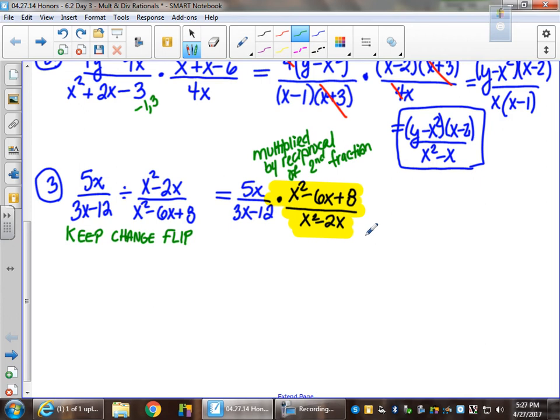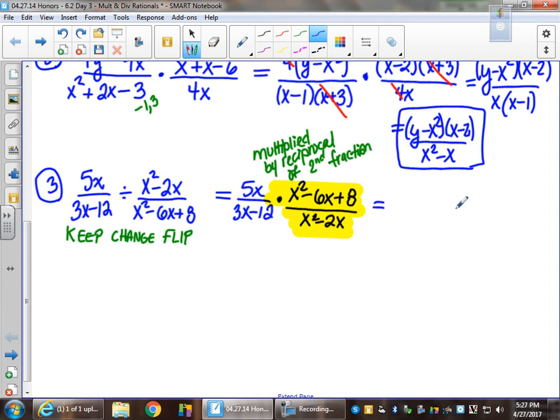Now that we're back into multiplication, we're right back to what we did in numbers 1 and 2. We're going to see if anything can factor. So right now on your own, I want you to look at each of these pieces. Remember, you've got 4 parts to look at: 1, 2, 3, 4. And decide, do you have a GCF that can factor out?